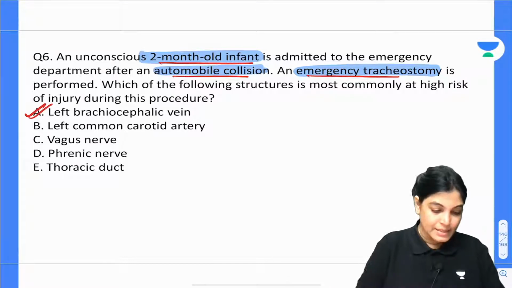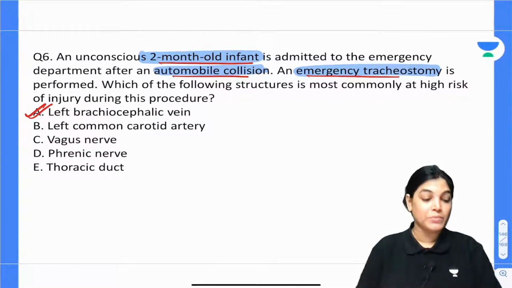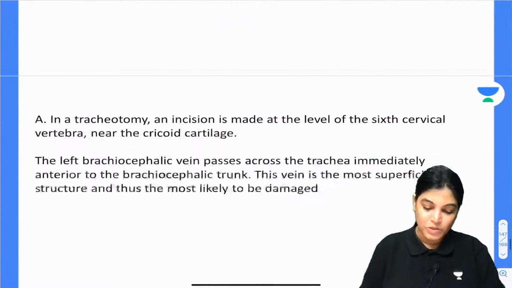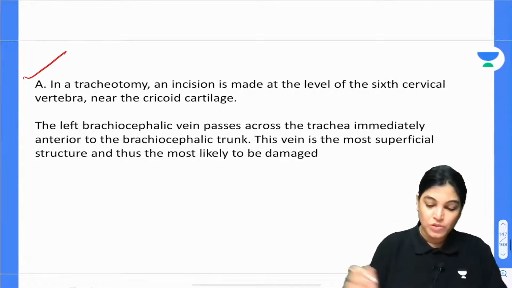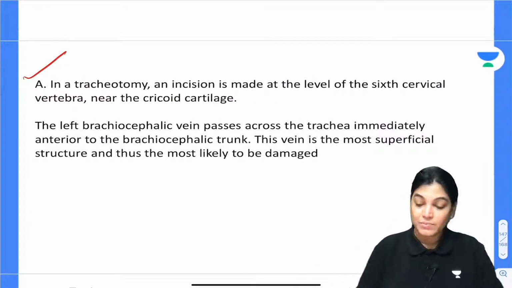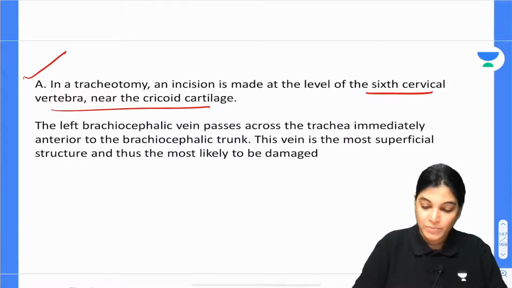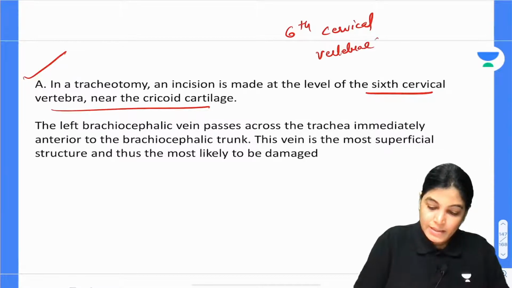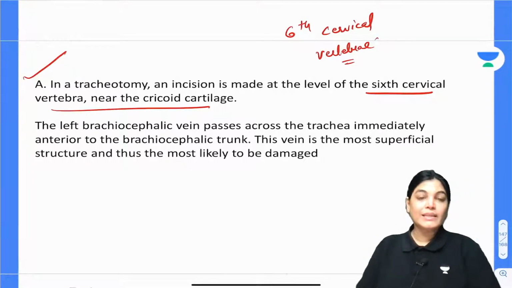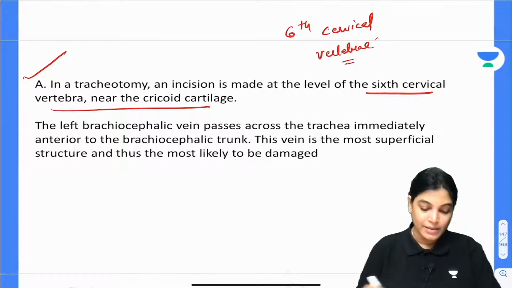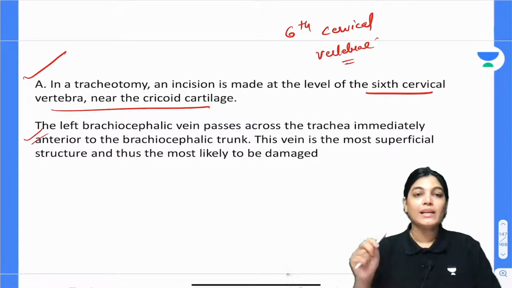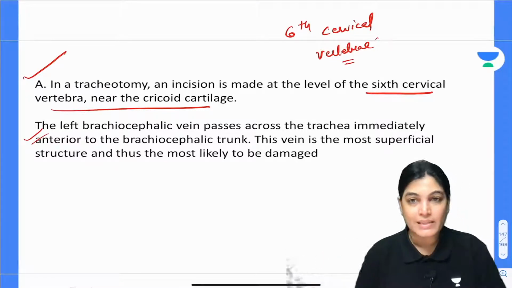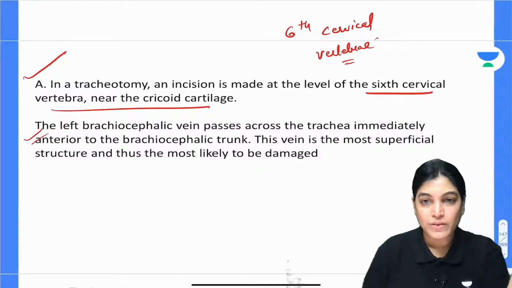The correct answer is left brachiocephalic vein. Let me show you. A tracheostomy is performed basically at the level of the 6th cervical vertebra, near the cricoid cartilage, and at this level the left brachiocephalic vein crosses the trachea immediately anterior to the brachiocephalic trunk.